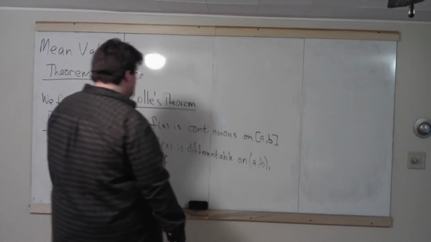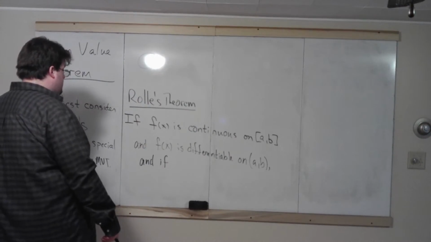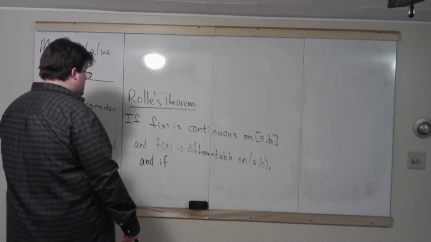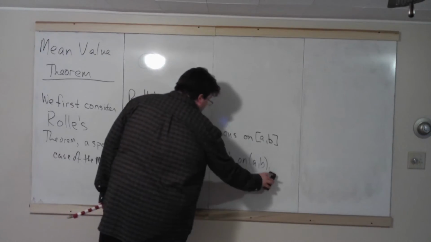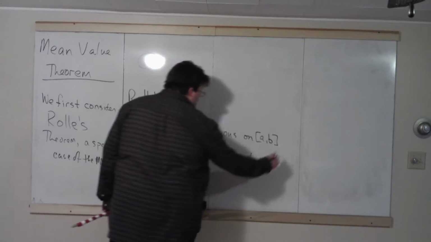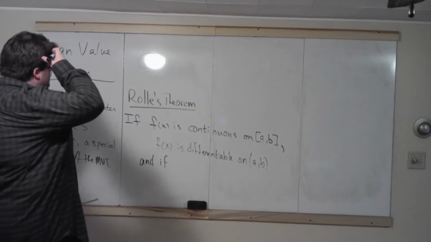If f is continuous on the closed interval and f is differentiable on the open interval, I guess this first "and" just shouldn't be here. And I don't like Oxford commas. There we go. See, sometimes when you're trying to form a sentence, you have to slow yourself down.